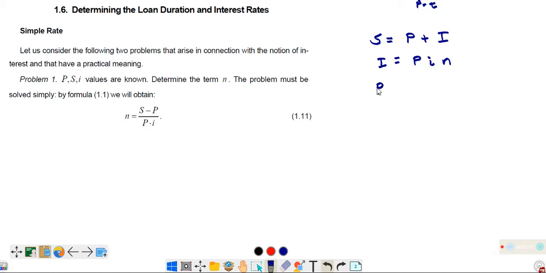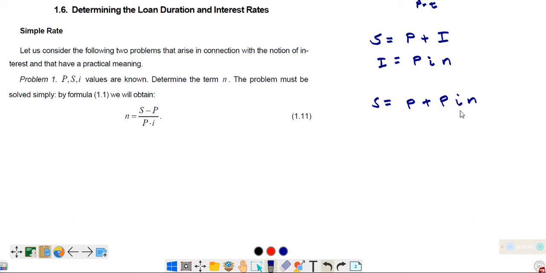We have S is equal to P plus P times I times N. So, let's derive this. How? We are going to make use of our knowledge in algebra, the addition property of equality and the multiplication property of equality.